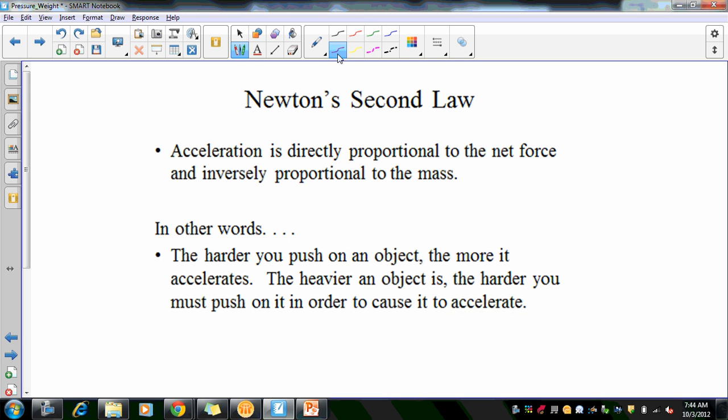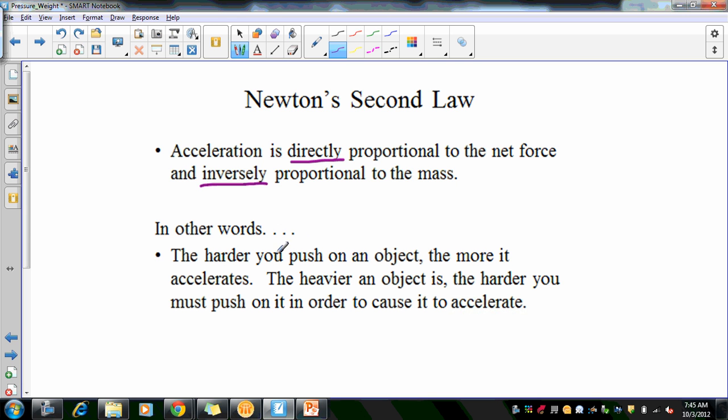Just as review again, directly proportional means that as the net force goes up, acceleration will also go up. So as this increases, this increases. Inversely proportional means that as one goes up, the other goes down. They're inverses, they're opposites. So as the mass increases, acceleration will decrease.